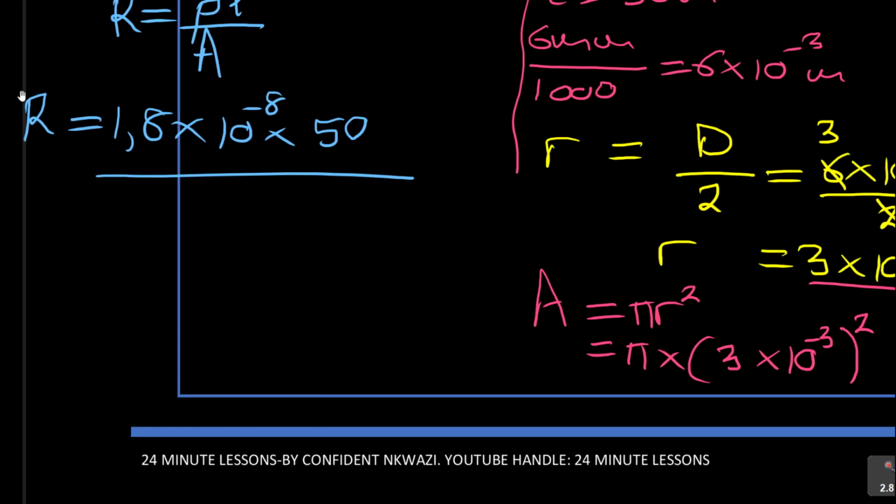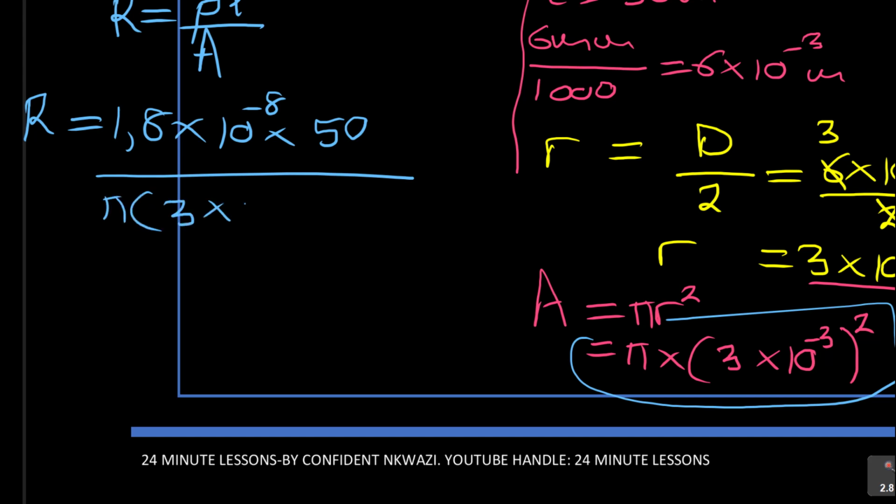Now you can simplify, you can find your answer here, but it's good to write it as is. Pi bracket 3 times 10 to the power negative 3 squared. It will just give your resistance straight away without you having to be rounding off that side and coming back and finding the answer that side. I prefer this, but as I said, it's up to you how you want to do it.